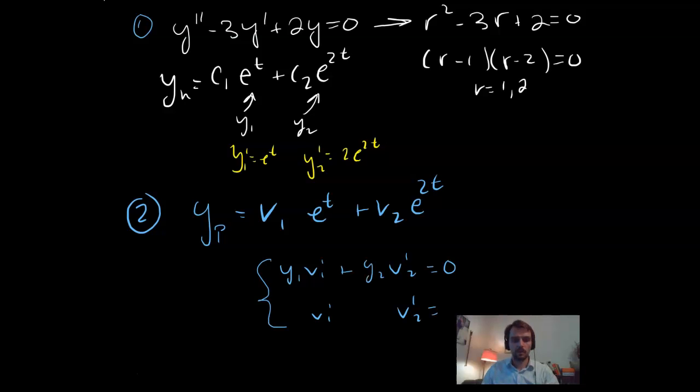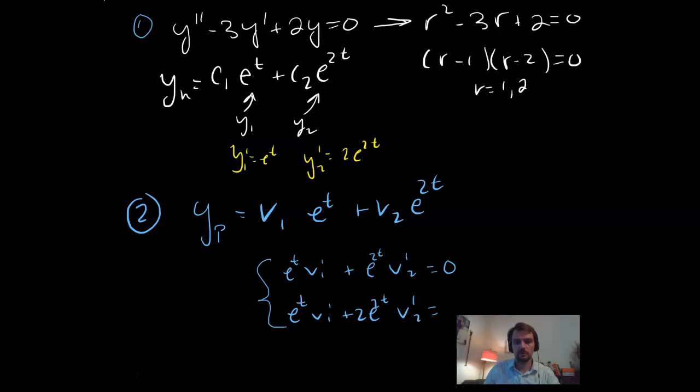So y1 in this case, we found that was e to the t, plus e to the 2t, equal to 0. And then y1 prime e to the t plus 2 e to the 2t is equal to the forcing function.